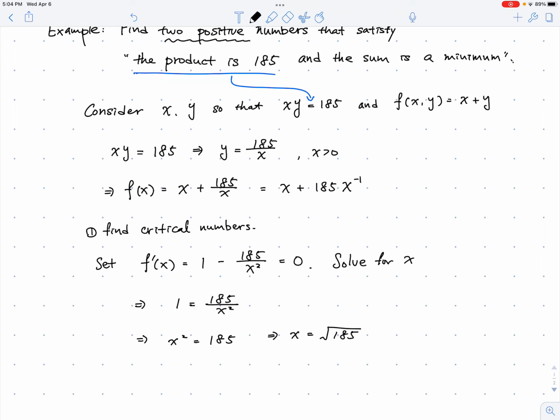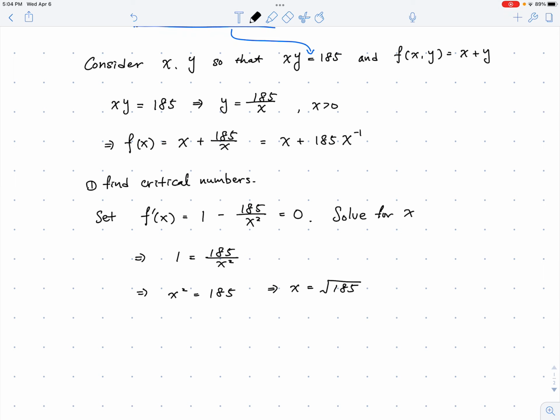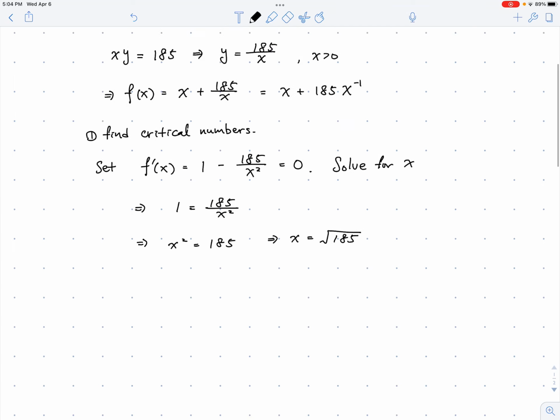All right, so this is the x value. We don't consider the negative root 185 because we're looking for a positive number x. Okay, well, actually, you know what, let me also just write down the minus sign and see what happens. Okay, so these are the critical numbers.